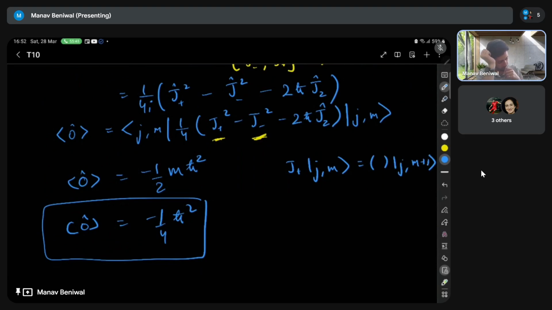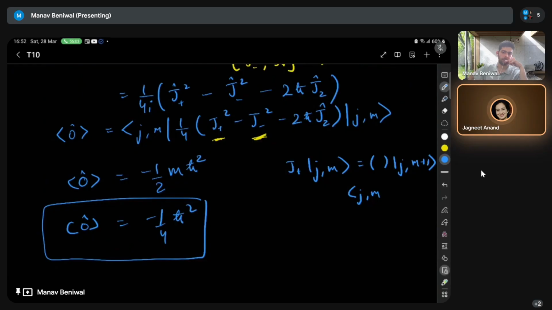And then on the left hand side, if you see this bra, it is always m, right? So they are orthogonal, so they'll not give you anything, they'll just give you 0. And the last term, minus 2 h j z.